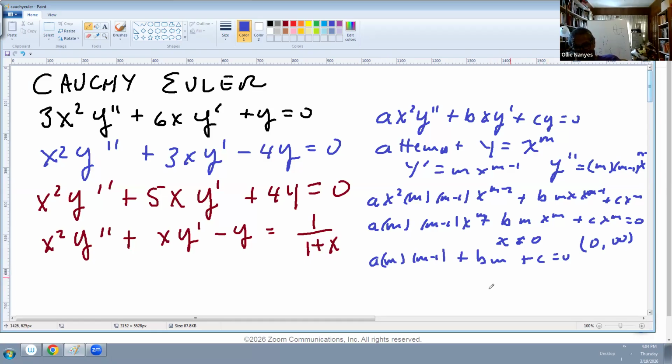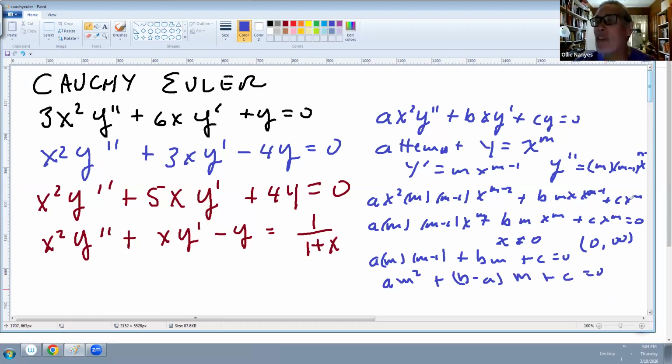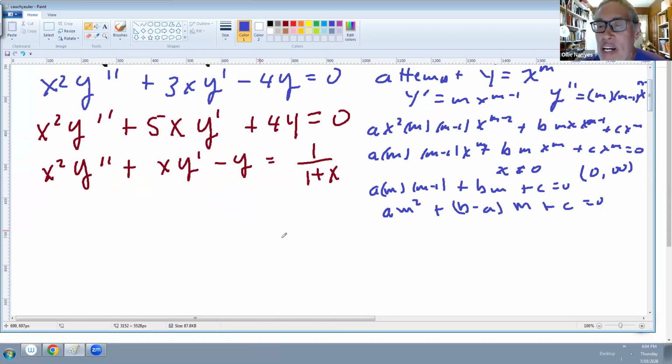That's the indicial polynomial. If we evaluate this a little bit, we have a m squared, then we have minus a m plus b m. And this, of course, is a polynomial in m.